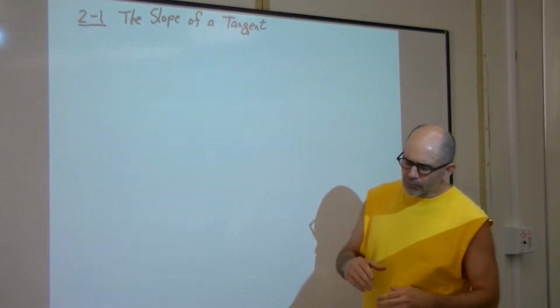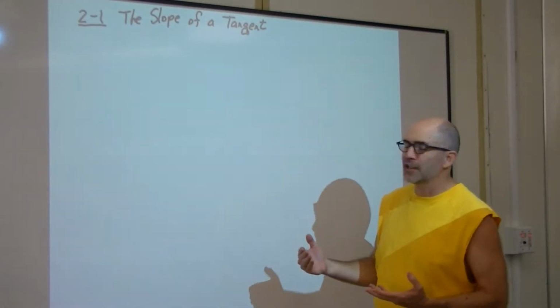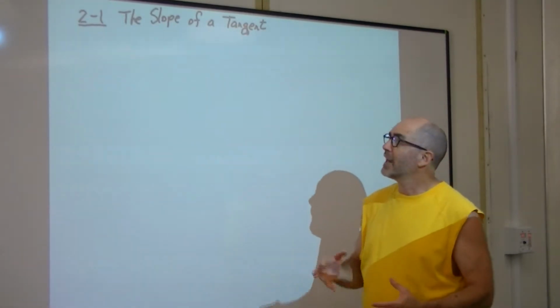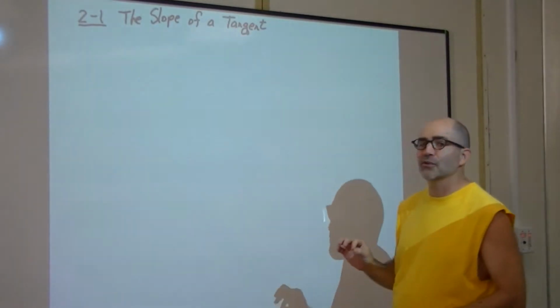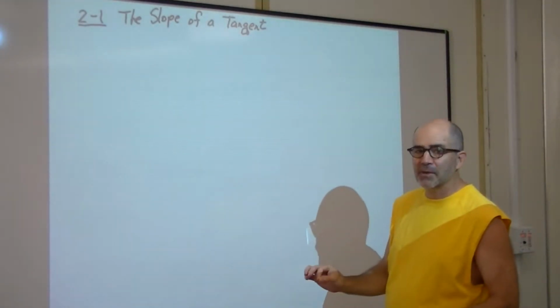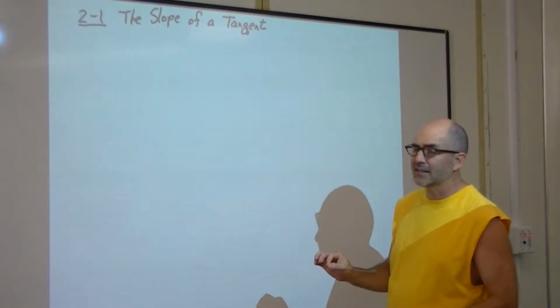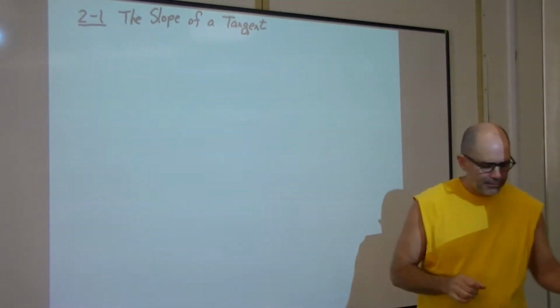If you guys had a mediocre math analysis teacher, then we'd have to do Chapter 1 now. But I have first-hand knowledge that your math analysis teacher was phenomenal. So, we're skipping Chapter 1 because you guys don't need it. Chapter 2. All right, the slope of a tangent.